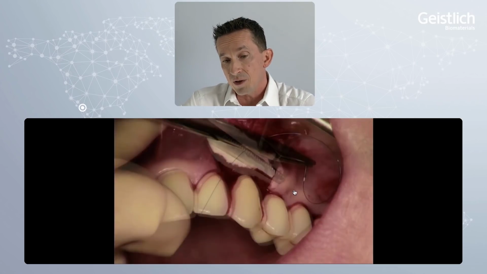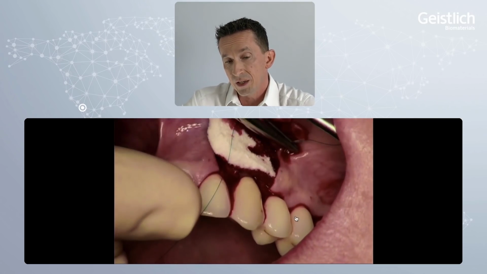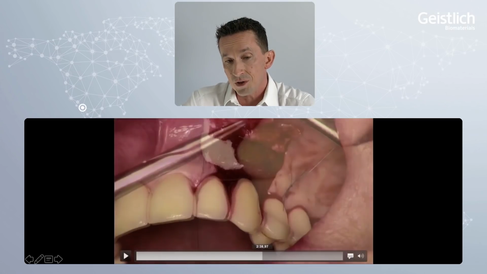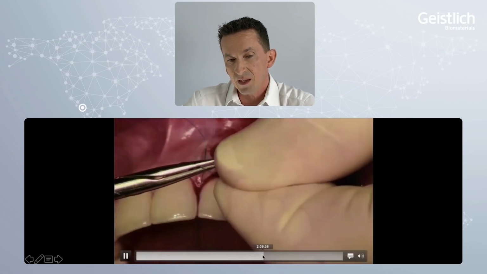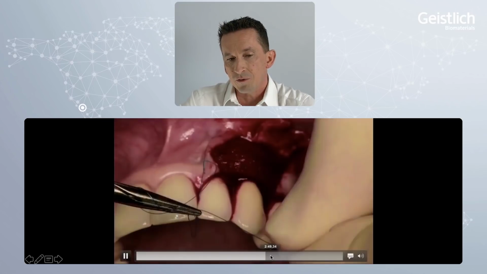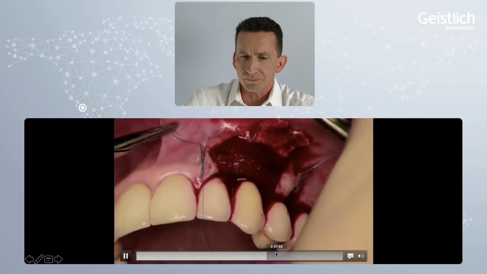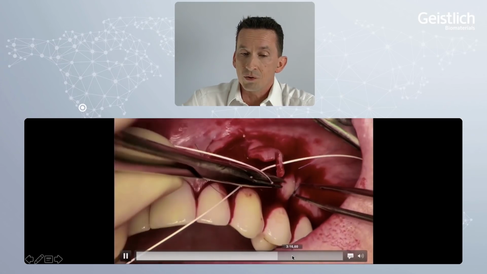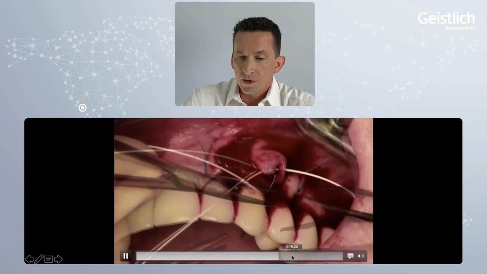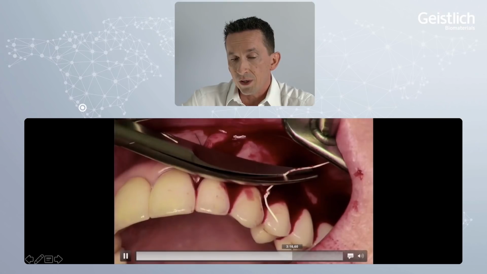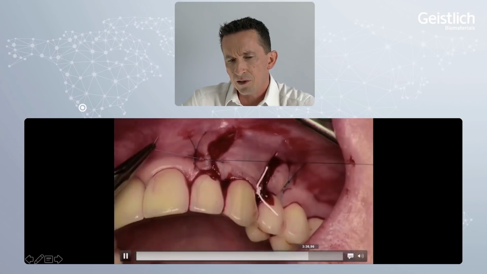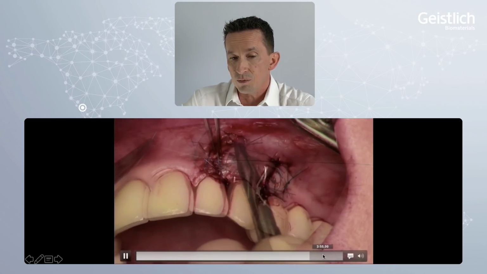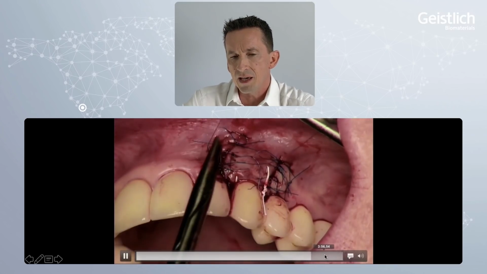And the Fibro Guide now is put into the pouch, is sutured in with microsutures on the distal and, of course, on the mesial aspect. And now we suture the split thickness coronal advanced flap around the canine and close the vertical releasing incisions with microsutures, as you see here.